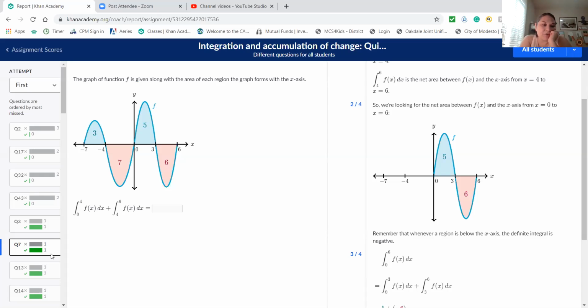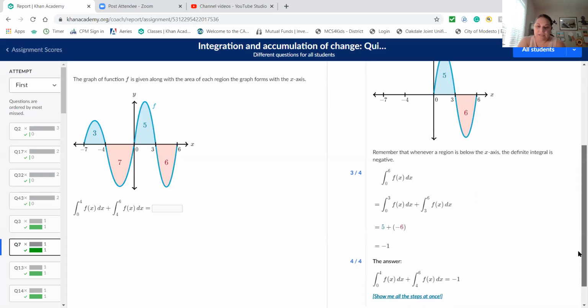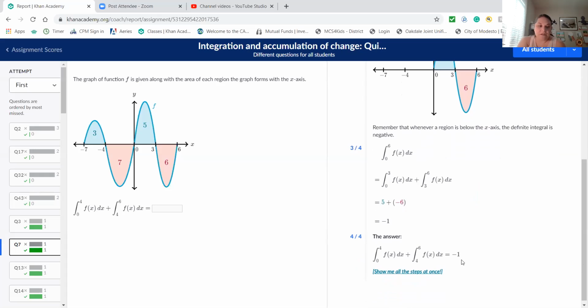And they don't show 4 on the x-axis as an intersection point of the function, but if I go from 0 to 4 and then from 4 to 6, it's the same as the integral from 0 to 6, which is what they're showing over here on the hint. So 5 subtract 6 is what you're going to need to do to calculate what that integral is.